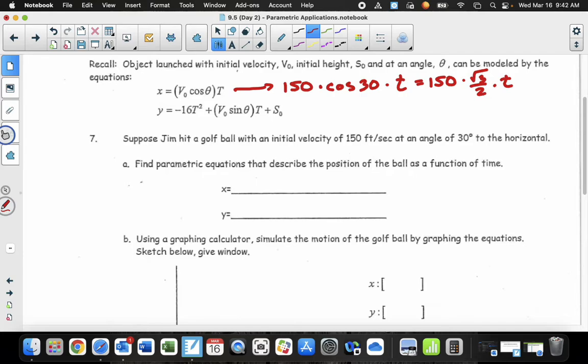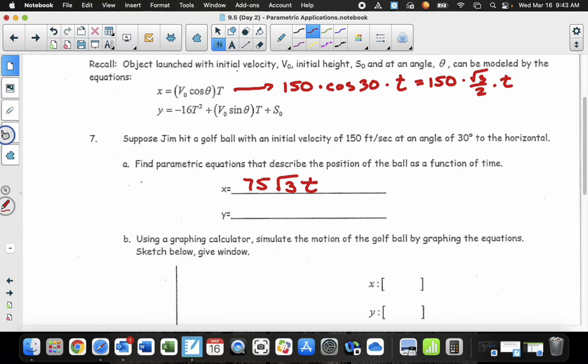I'm going to take the 150 and divide it by 2 right away and leave the square root of 3 there. Which means if I clean that up, we end up with 75 times the square root of 3t. There's your first equation. That's the equation that will model the horizontal distance of the golf ball. Okay. Anybody questions on that? For the most part, just plugging in the information into the equation and then simplifying it down. Okay. The 75 is just coming from the 150 divided by 2.